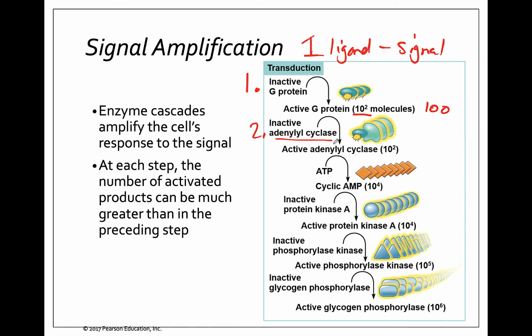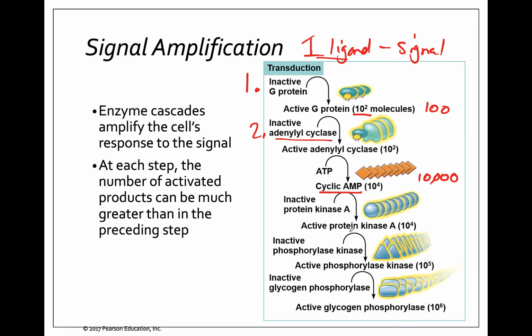Each adenylyl cyclase will activate 100 cAMP. So now we go from 100 adenylyl cyclase to 1,000, 10 to the fourth is 10,000 cyclic AMPs. So we started with one ligand and we're already up to 10,000 secondary messengers.